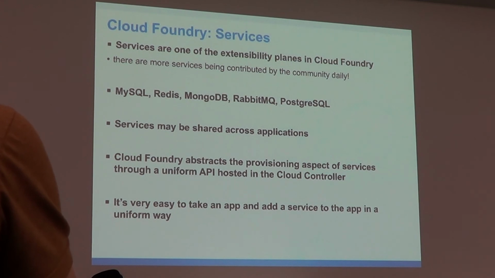It's just a matter of looking at how to expose that to the Cloud Controller. The same for services. So if tomorrow you want to have RavenDB, which is the latest buzzword in the database world, you could do that with Cloud Foundry. Of course, that doesn't mean it will be part of cloudfoundry.com.